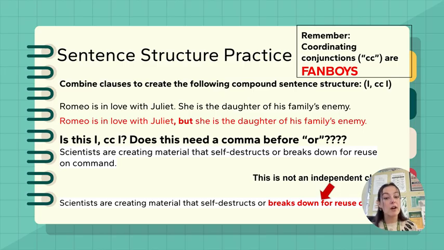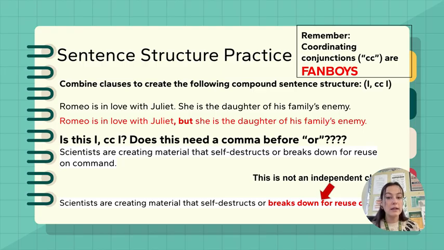Coordinating conjunctions, when they function to connect two independent clauses, that's when you're going to need the comma before. However, when we're just connecting two words or two phrases that are not full-on equal parts on either half of the conjunction, you will not need a comma. So that is just a good tip to remember, because I think a common grammatical mistake is always getting in the habit of using a comma before a fanboy, and that sometimes creates grammatical errors in your writing.